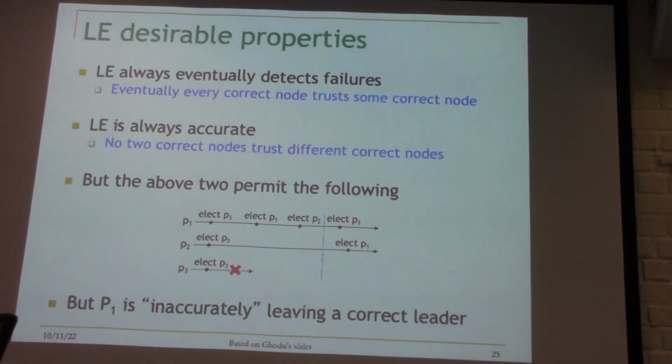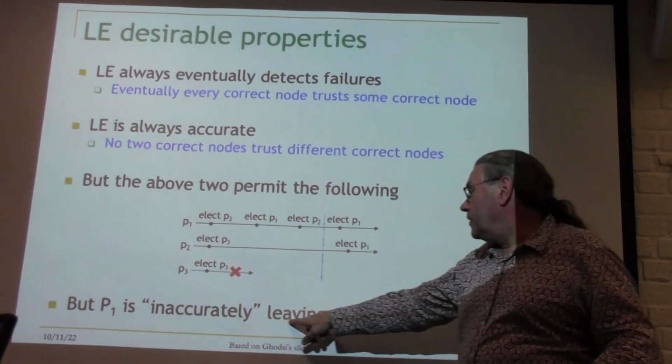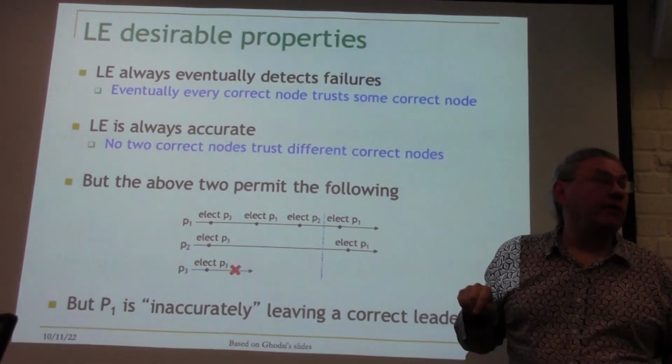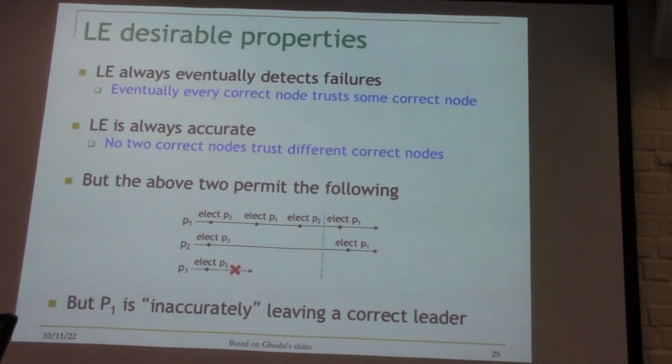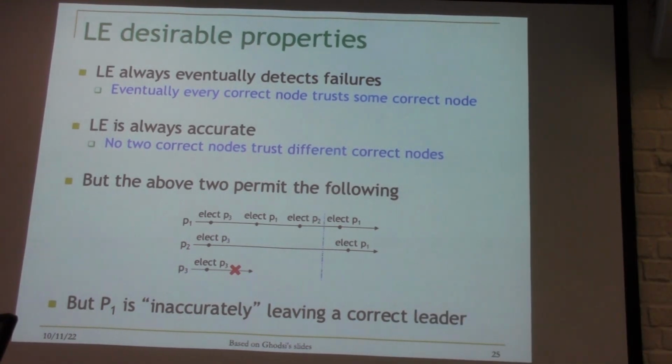So we want to stop that. We want to disallow P1 doing this funny, switchy behavior. And that means we're going to do some specification engineering. So I'm going to add a third property that will make this forbidden, okay?